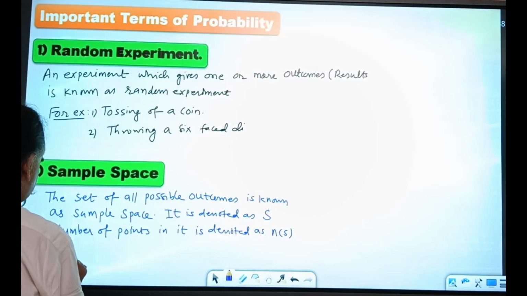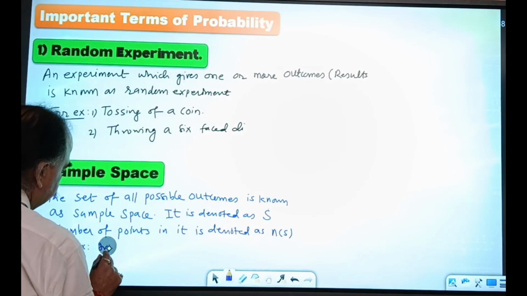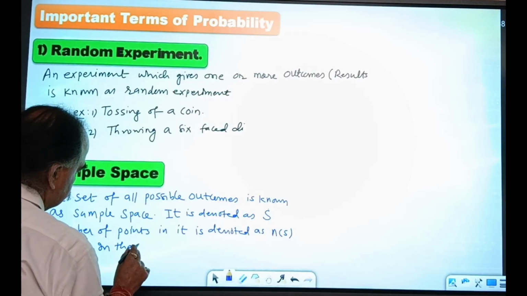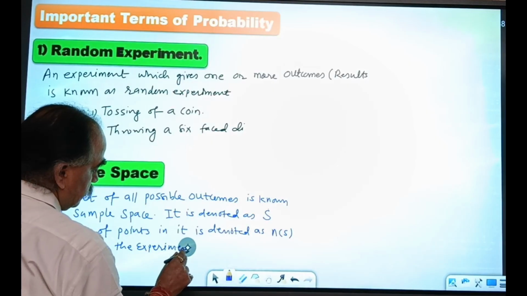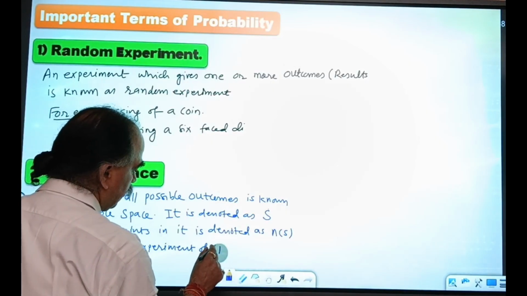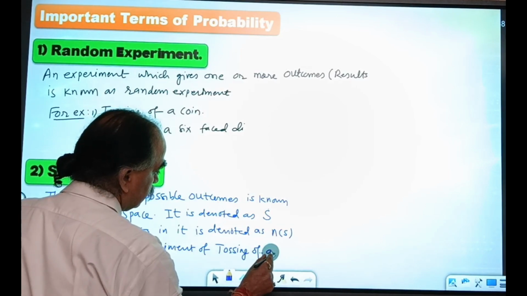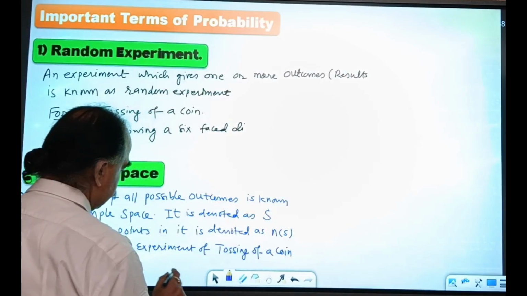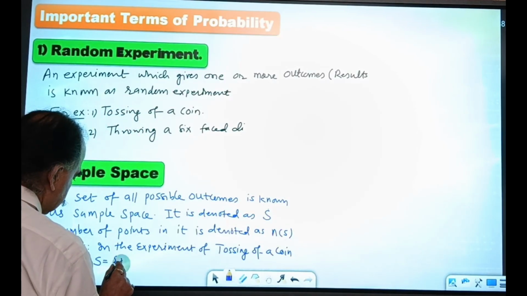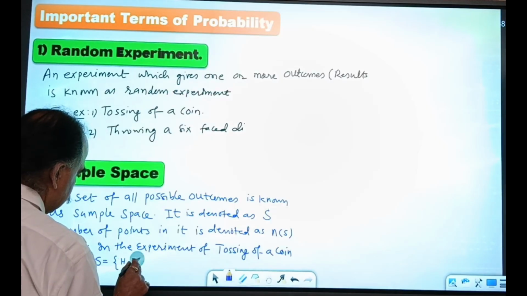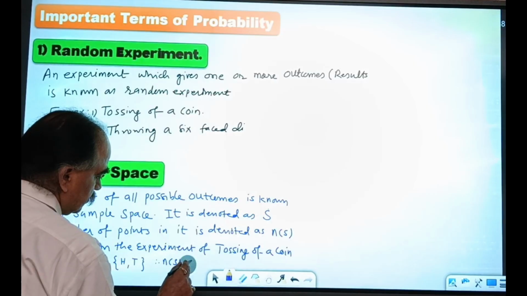For example, in the experiment of tossing of a coin, S is what? Head, tail. So n(S) is what? 2.